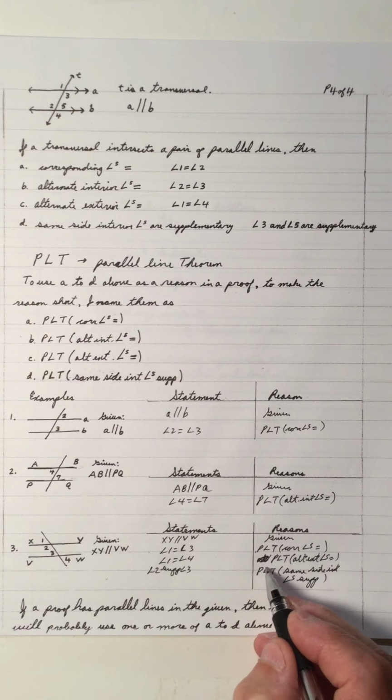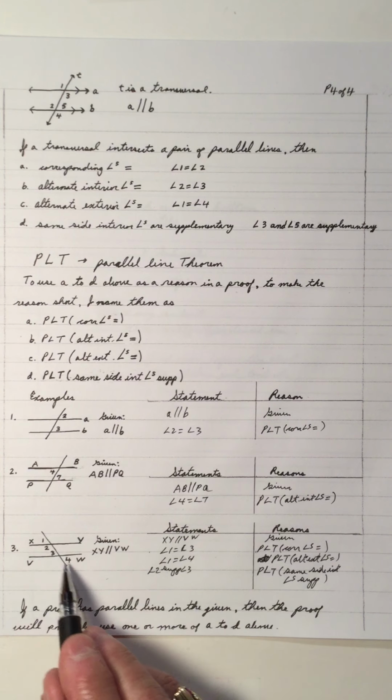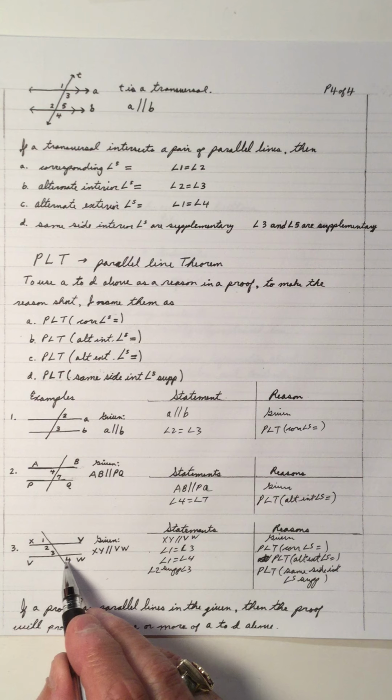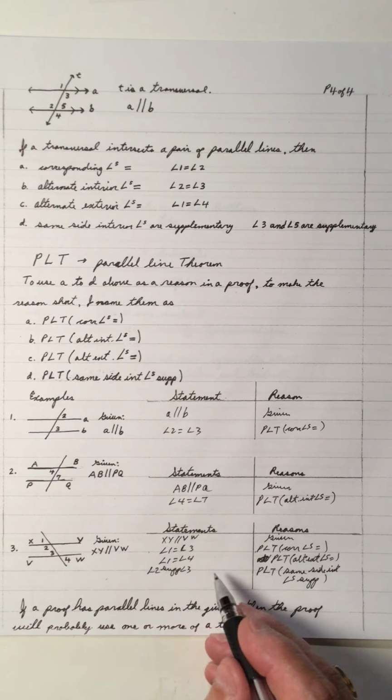Again, PLT makes the statement shorter. We also have another pair of angles equal, but they're not because of the parallel lines. We also got 3 is equal to 4, but it's by vertically opposite angles, not because of the parallel lines.